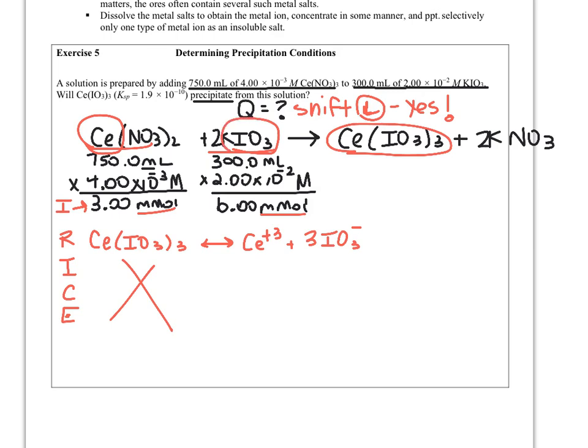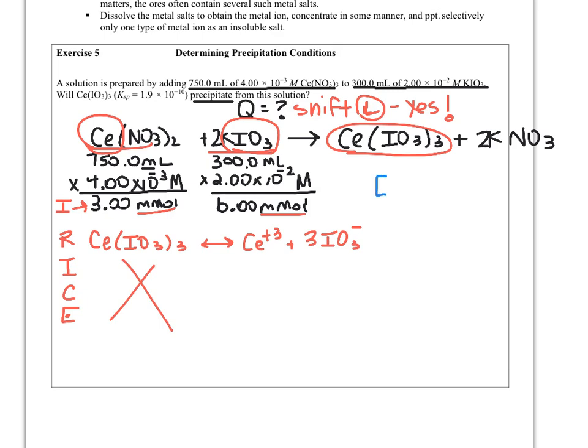Remember that this is a net ionic equation. Really, the cerium plus the iodate is making cerium iodate. Potassium nitrate is a spectator, it's not included. So what I need is initial concentrations of cerium and iodate.